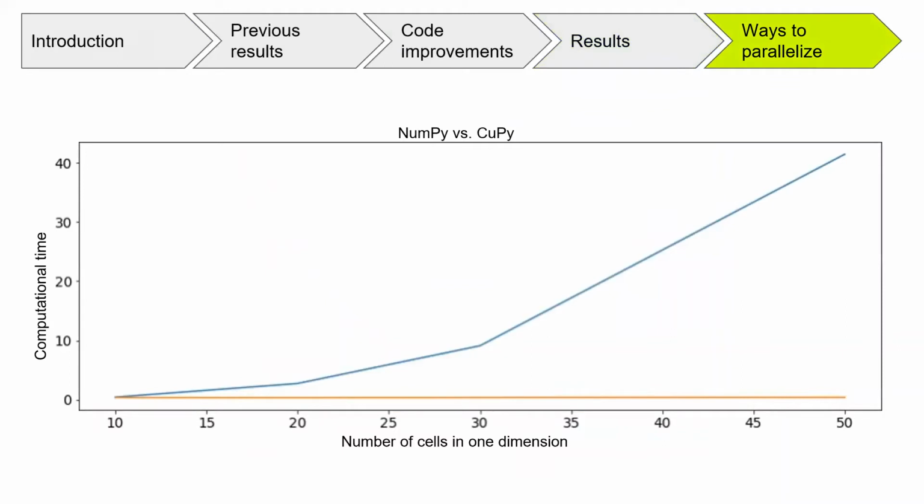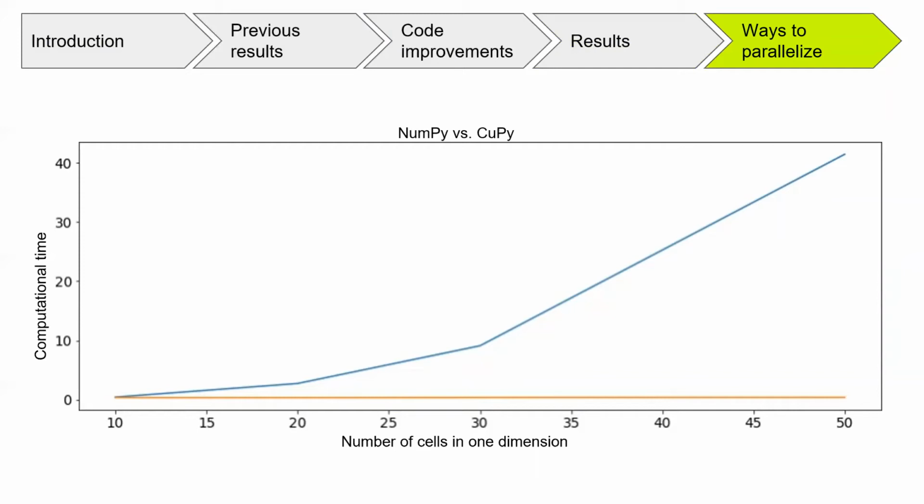We also investigated ways to parallelize our code, and the first idea was to use CuPy instead of NumPy. Unfortunately, signal.convolve didn't work on Colab with CuPy, but we used another convolve from the ndimage library, and on the screen you can see the resulting plot comparing computational time of NumPy and CuPy.